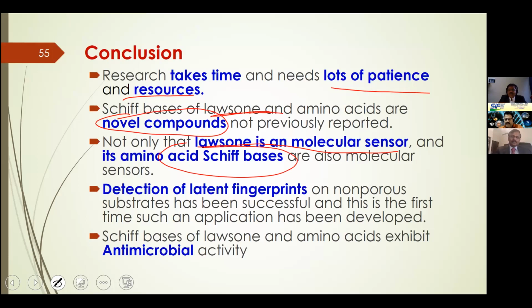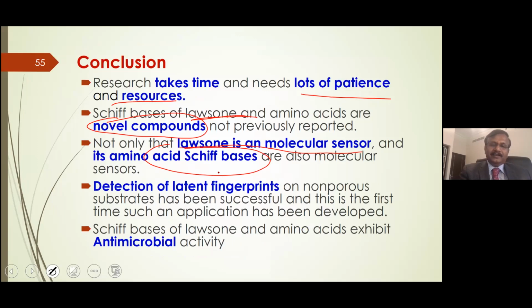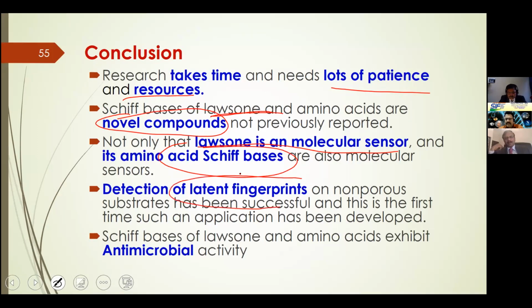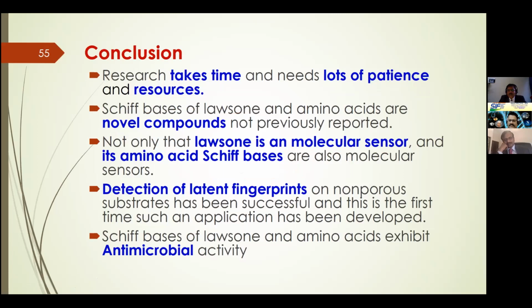Now, we also showed that we can exploit this idea of sensing properties to visualize latent fingerprints. Latent means invisible fingerprints. And I showed you that these compounds have antimicrobial activities. Recently, one of the students has done some work where we show that these also have antioxidant properties.